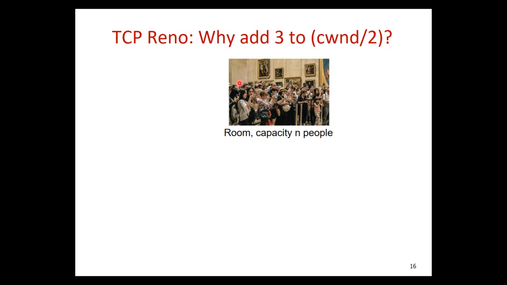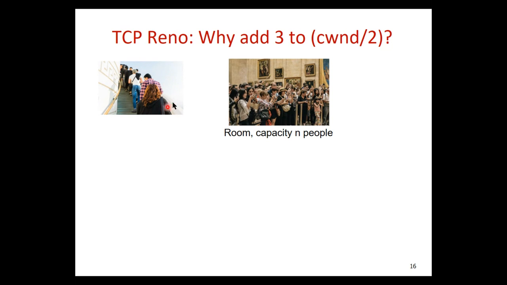So let's assume we have a room. You can think of it like an exhibit room in a museum. It has a limited capacity, right? It has a maximum capacity of n people. The room can hold n people. Now, if there are more people than the capacity of the room, then the extra people have to wait in line.